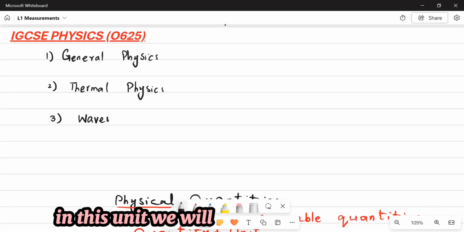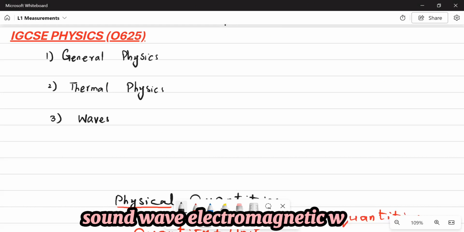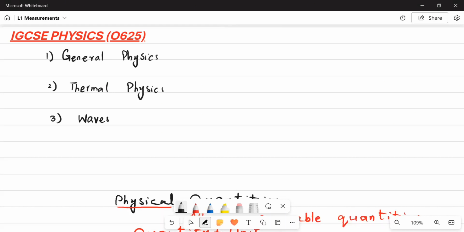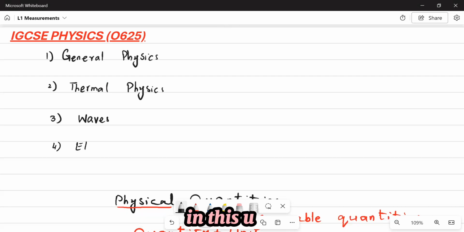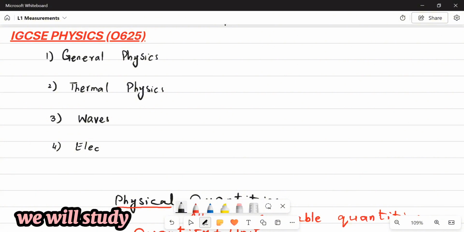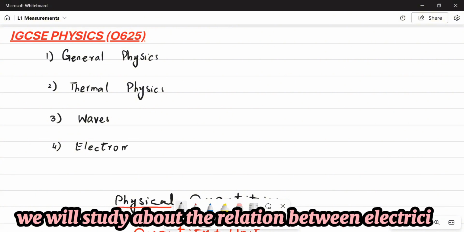In this unit we will study light waves, sound waves, electromagnetic waves, all types of waves. The fourth one is electromagnetism. In this unit, we will study the relation between electricity and magnetism.